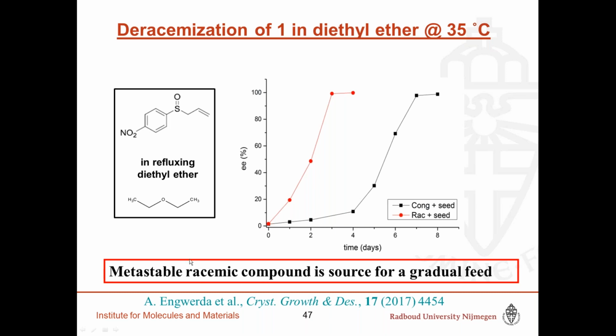This racemic compound was metastable, but these crystals converted very slowly into the conglomerate, and therefore he automatically had a gradual feed from the metastable racemic compound to the racemic conglomerate, and that increased the deracemization rate with a factor of 2 to 3. So he ended up with a pure enantiomer in about 3 days using this gradual feed. You can find the details in this paper below.